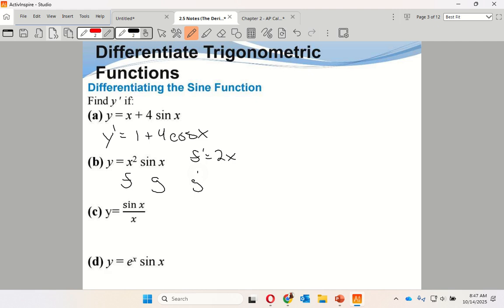My G prime is going to be cosine. I'm using the product rule, so it's F prime G: 2x times G, which is sine x, plus G prime, which is cosine x, times F, which is x squared.